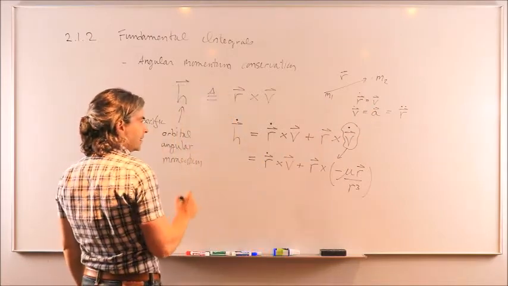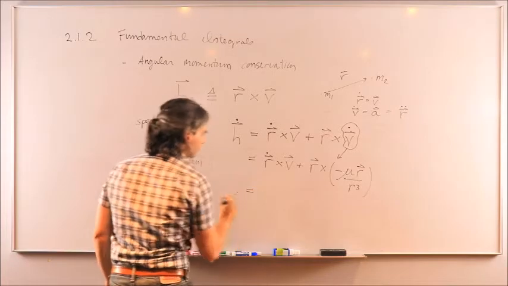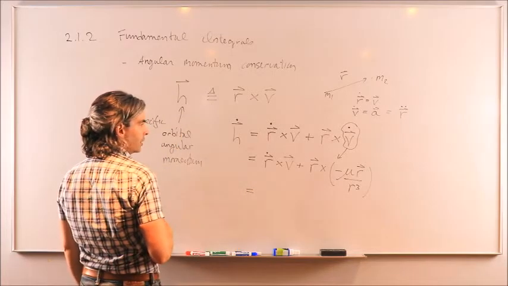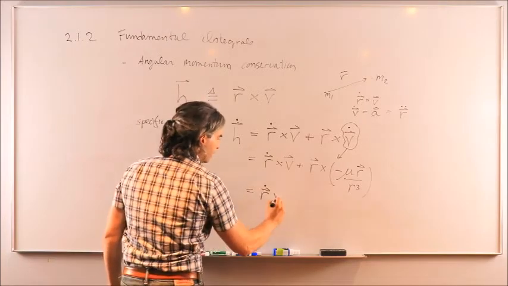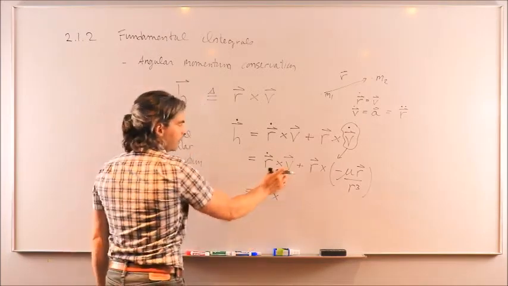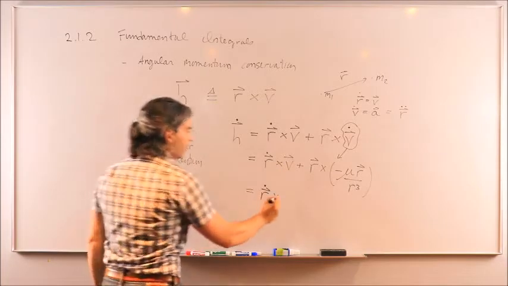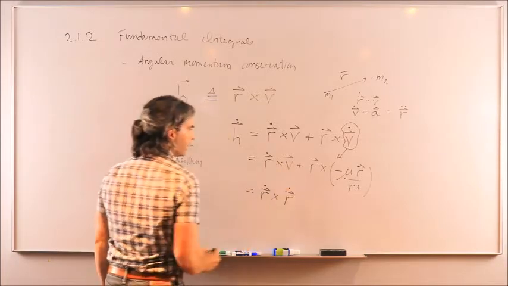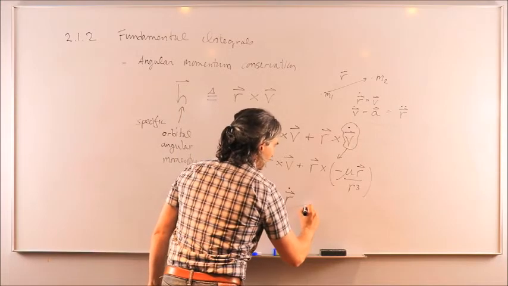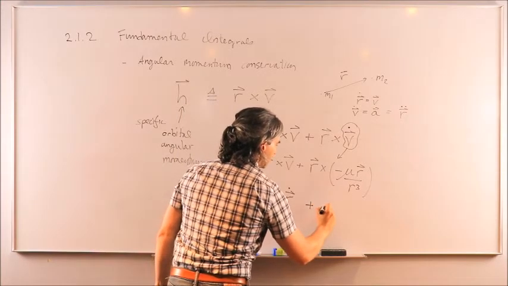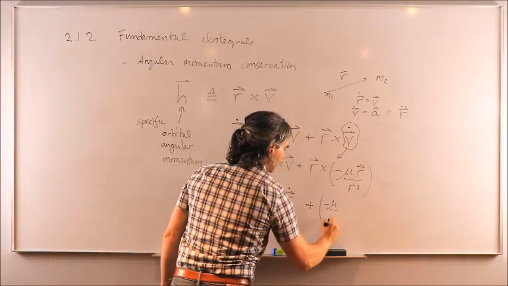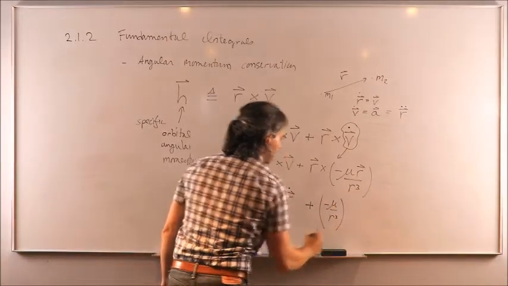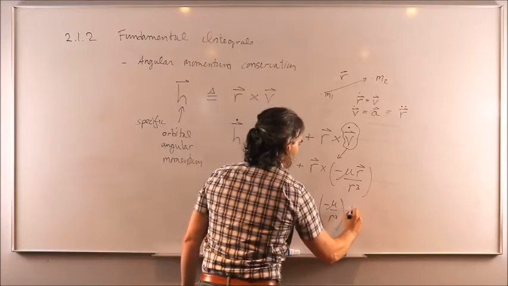Oh, that's interesting, because if you look carefully at that expression, you realize that what you have on the first term is r dot cross product. What is the velocity vector in terms of r? Well, this is r dot again, plus we have minus mu over r cubed here as a scalar times r cross r.